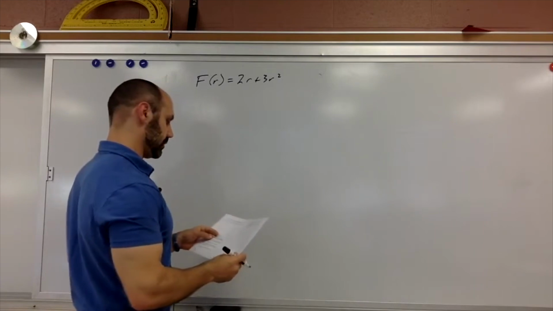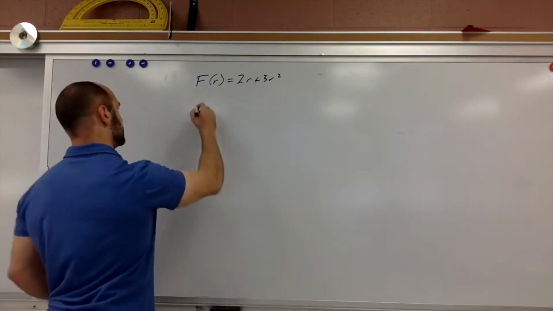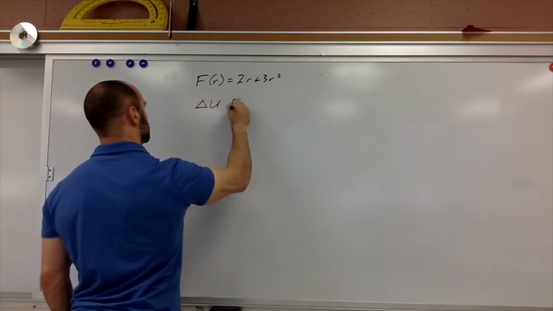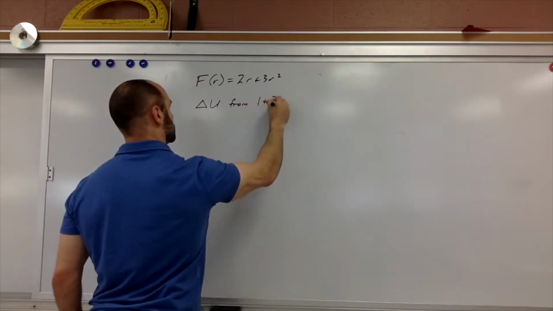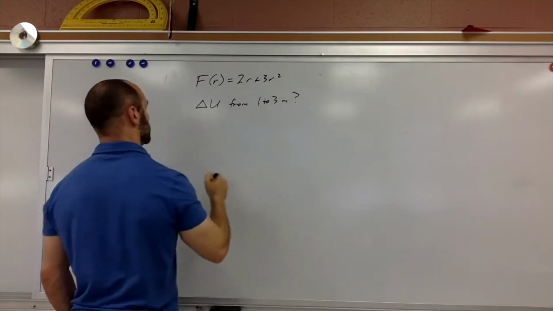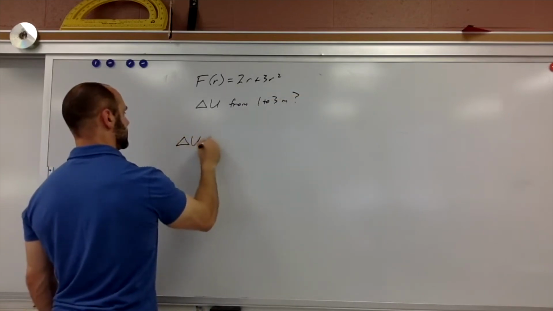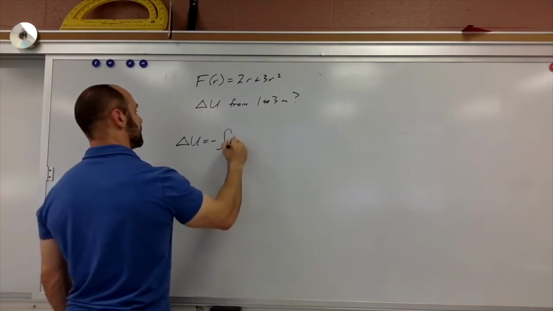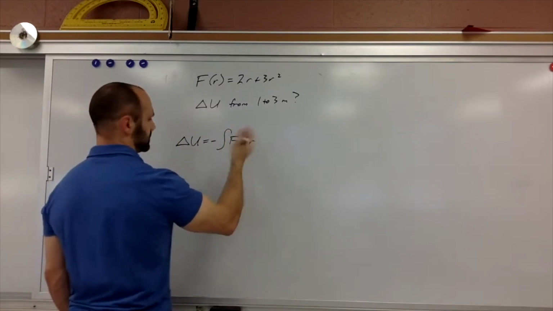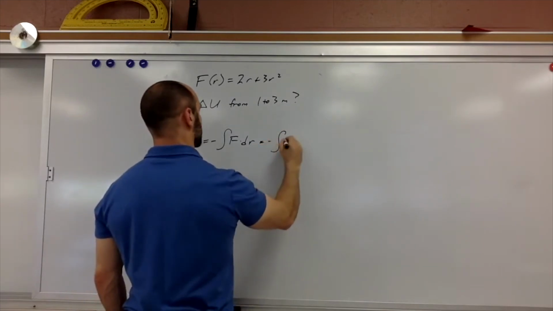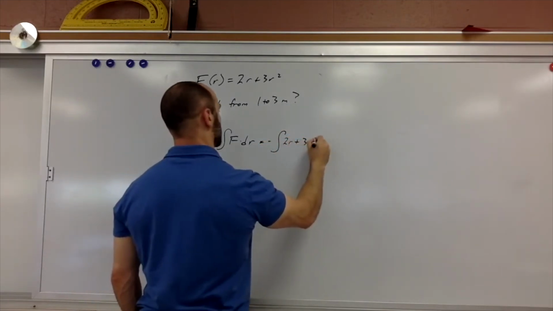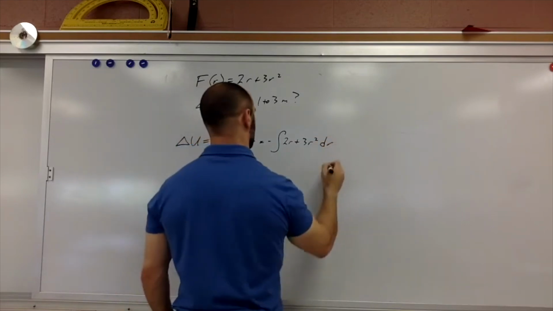And so now we want to know what is the change in potential energy. So delta U from 1 to 3 meters. Okay, so the change in potential energy is the negative integral of F dot, in this case, dr. And so we're going to take the negative integral of 2r plus 3r squared dr.